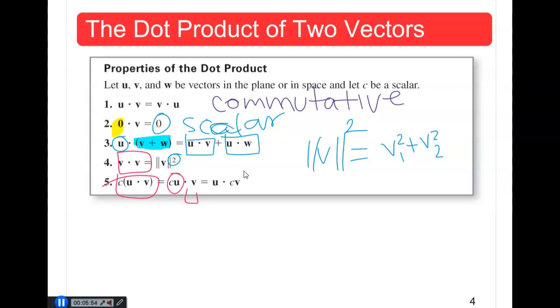So in this case, you distribute it to vector u. But you could also choose to distribute the scalar to vector v and then do the dot product with vectors u and cv. In this case, we're not distributing the scalar to each vector, because if you do that, it will be wrong, like saying something like this.